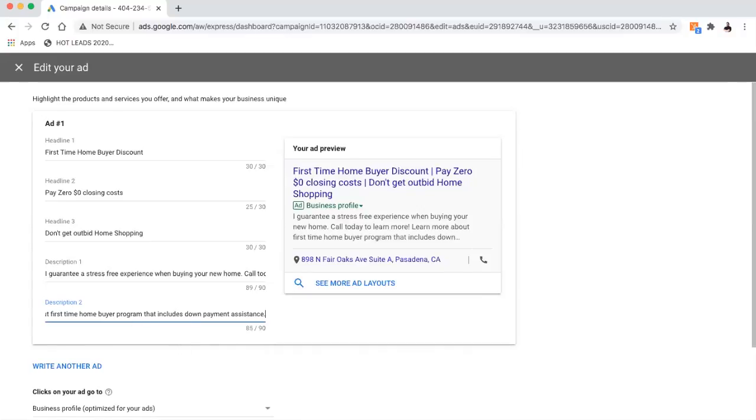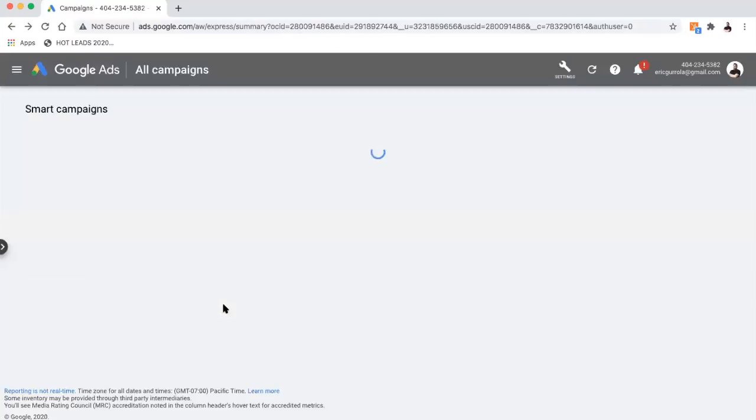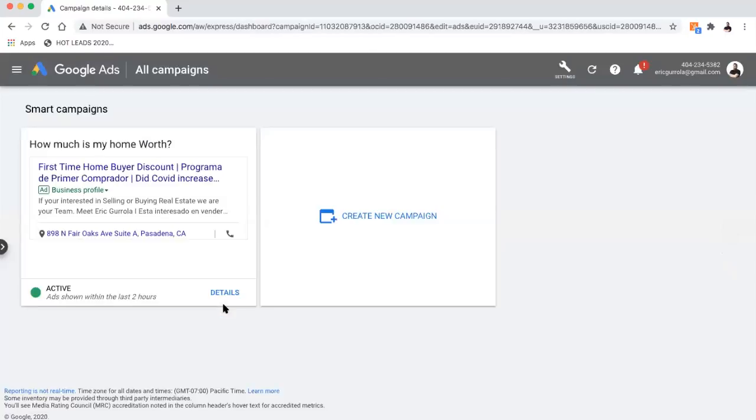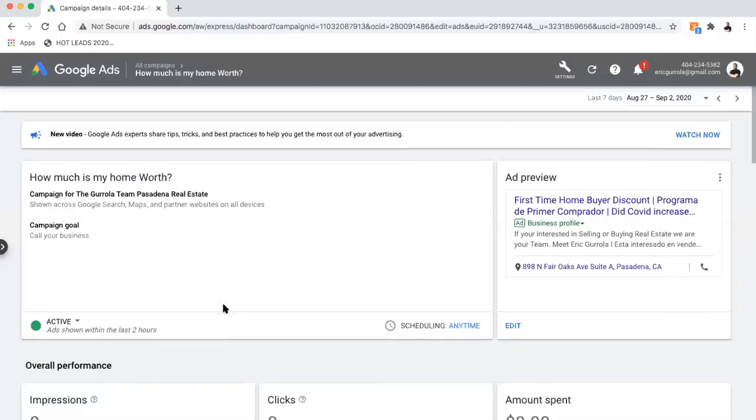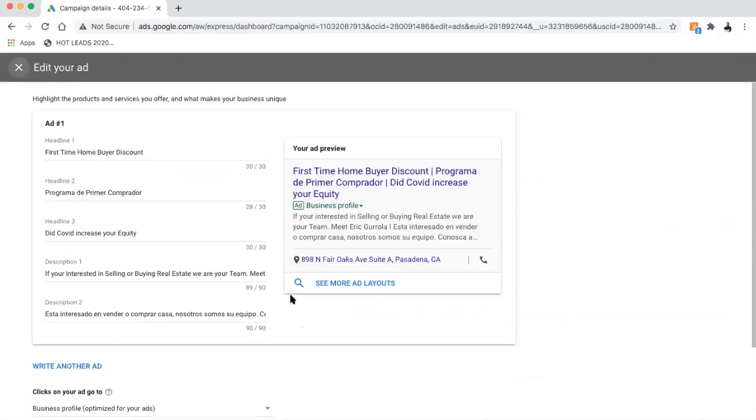Good. Well, I think it should just say flat out, down payment assistance programs and local city government grants available. Call to learn more now. I think that's more direct and it explains it. So what would you recommend?